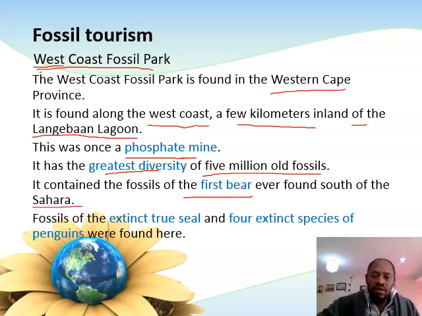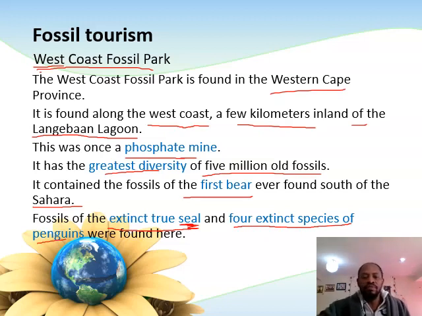And there was the discovery of the fossil of the extinct true seal. These are organisms that live mostly in marine areas. And also the finding of 4 extinct species of penguins. The fossils of 4 extinct species of penguins were found at that site as well.